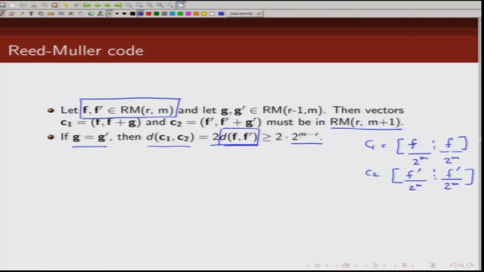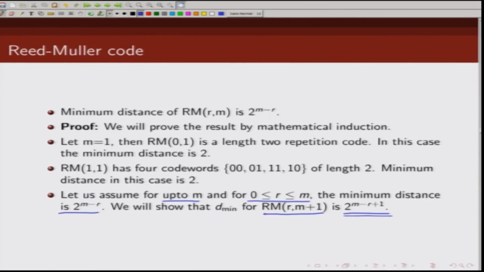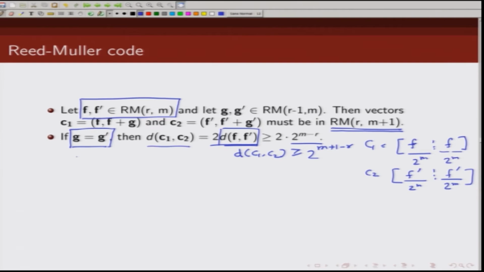Then from this we get that the minimum distance between C1 and C2, which are two code words belonging to the Reed-Muller code of order r and length 2^(m+1), should be greater than or equal to 2^(m+1-r). So, for this particular case, we have shown that the minimum distance is indeed this. Now, we will also have to show that if g is not the same as g', then also the minimum distance is at least this.